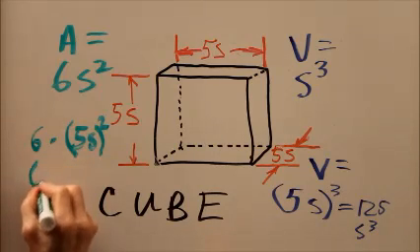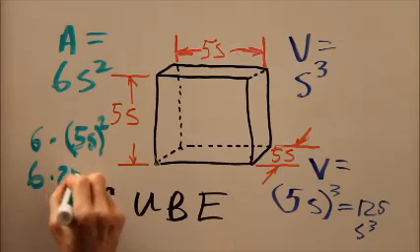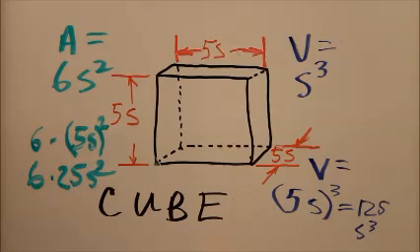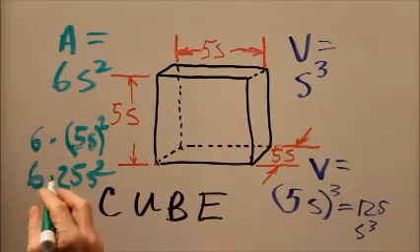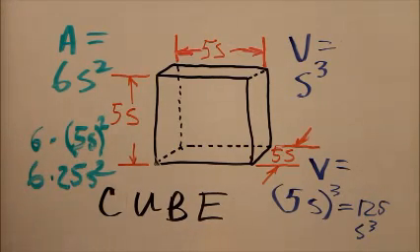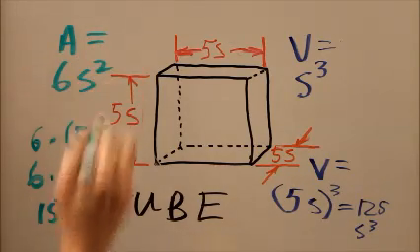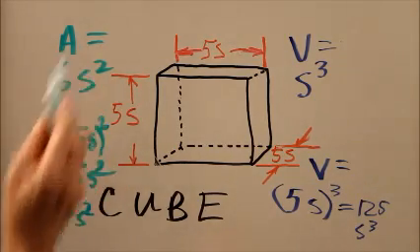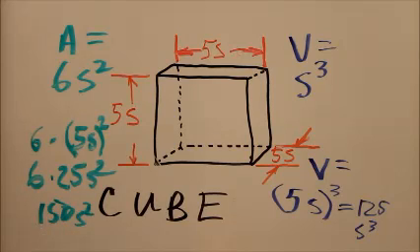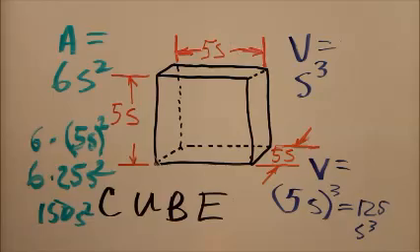Okay, that equals 6 times 25S squared, which in turn equals, well, what's 6 times 25? 150. So instead of 6S squared, we now have 150S squared as the surface area of this cube.